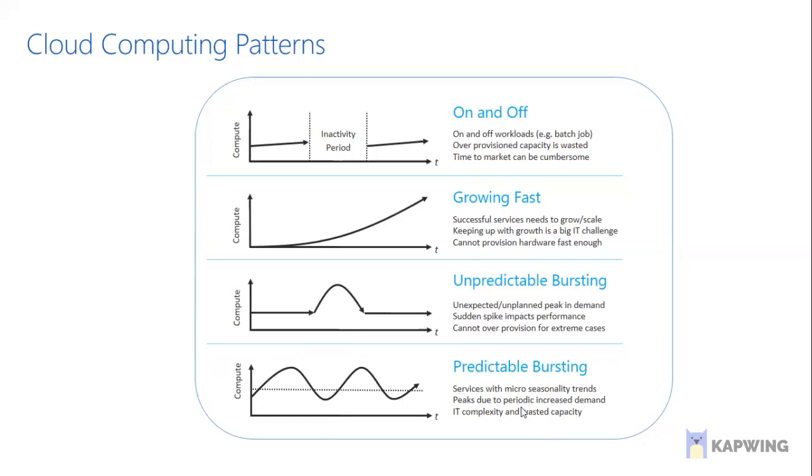The fourth one is predictable bursting: services with seasonality trends and peaks due to periodic increased demand, causing IT complexity and wasted capacity. So this is how the computing pattern changes.